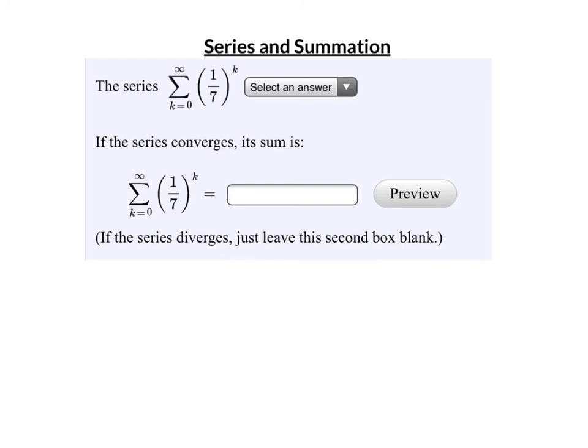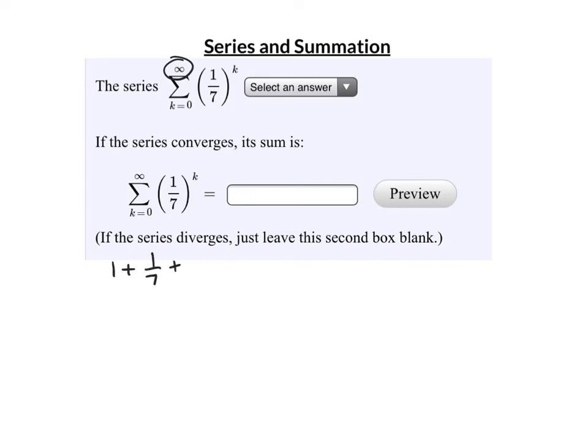A couple more examples here. So this one's written in summation notation. It's an infinite series. Notice it's going to infinity. When we plug in 0, anything to the 0th power is 1. So this would be 1 plus. When I plug in 1, it'll be 1/7 to the first power, which is 1/7.